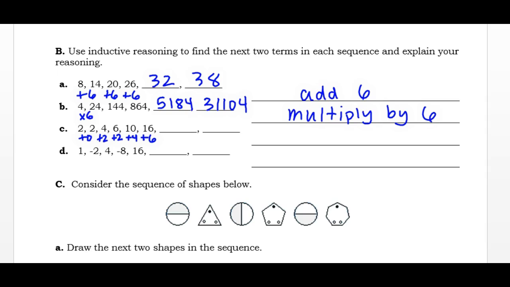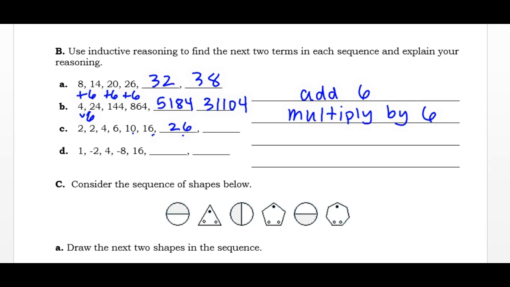What I do notice, though, is the numbers that I've written right here are the same as the numbers that I was given right here. So actually, this sequence is going up by itself. 2 plus 2 is 4, 2 plus 4 is 6, 4 plus 6 is 10, 6 plus 10 is 16. So I'm going to add 10 plus 16 to give me 26.